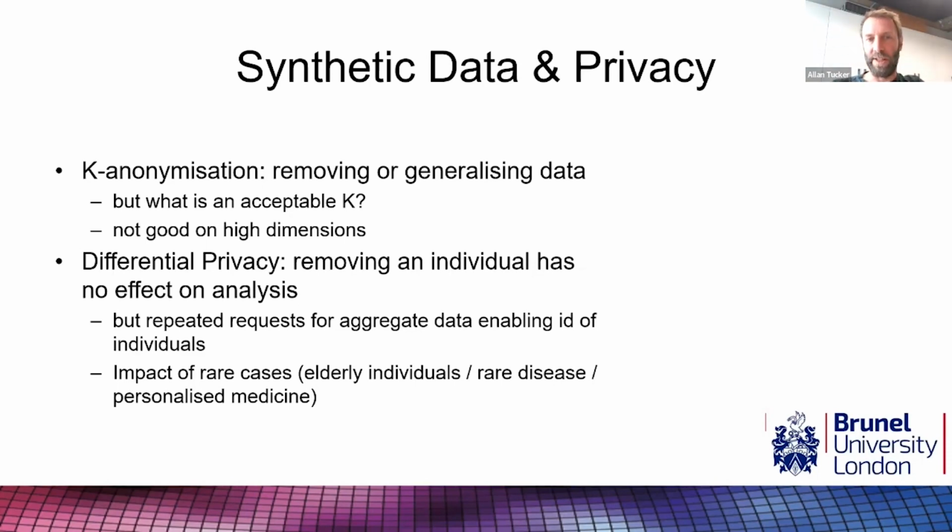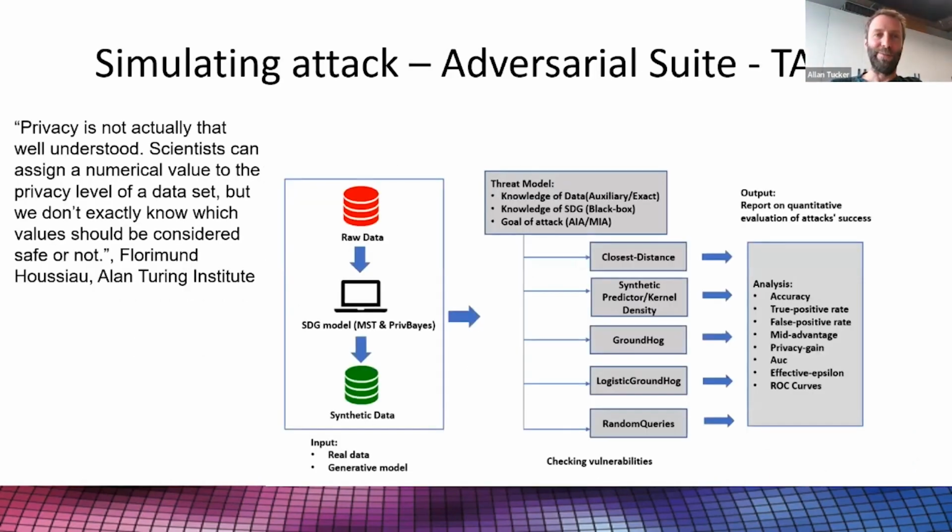And differential privacy is this idea that removing one individual from an analysis or modeling approach should have no direct impact on that analysis. These approaches have mathematical frameworks behind them, but they're not a silver bullet. In fact, this idea of being able to assign a numerical value, that people can easily understand, that represents some level of privacy, is not straightforward.